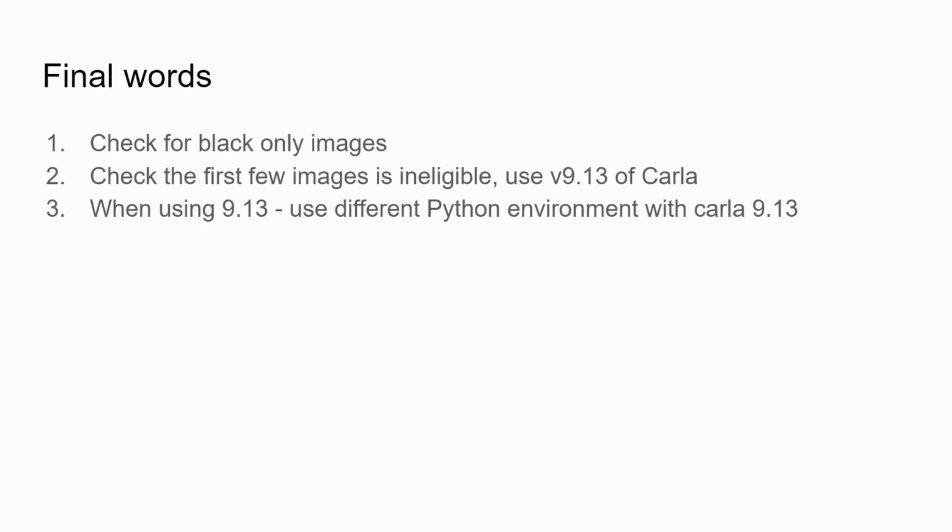And then final words: sometimes when images are generated, you get absolutely black ones. I have no idea. It's probably one of Carla's quirks that I can't figure out. But the way to get rid of them, when everything has finished running, I think it goes for 2,000 images in one go. If you want, you can run it again and generate a few more.